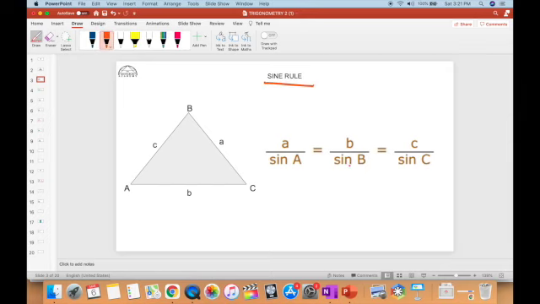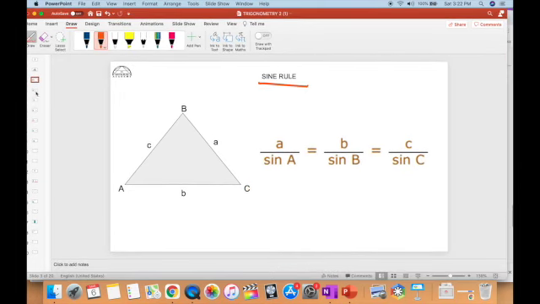It says that the side a over the sine of the angle A is equal to the side b over the sine of the angle B, which is equal to the side c over the sine of the angle C. Give this a write down real quick and draw this triangle next to it. This is the sine rule, and we are going to see how to use it. Write this down, draw this, and let me hear "done it" when you finish.